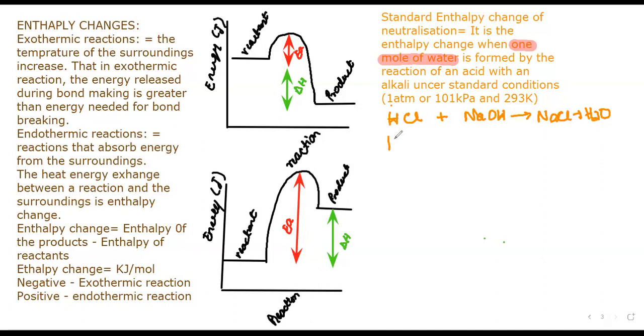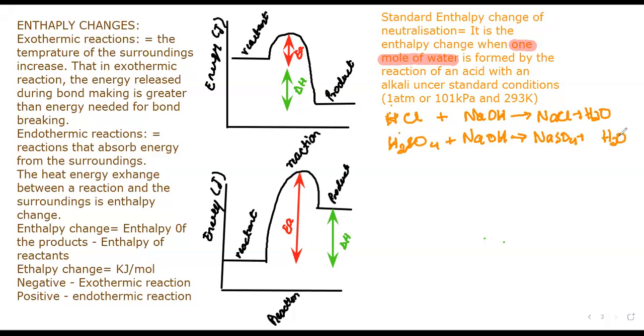What if I take sulfuric acid and react it with sodium hydroxide? The situation changes, right? I will still get a salt and water. My salt will be sodium sulfate and my water will be H2O.